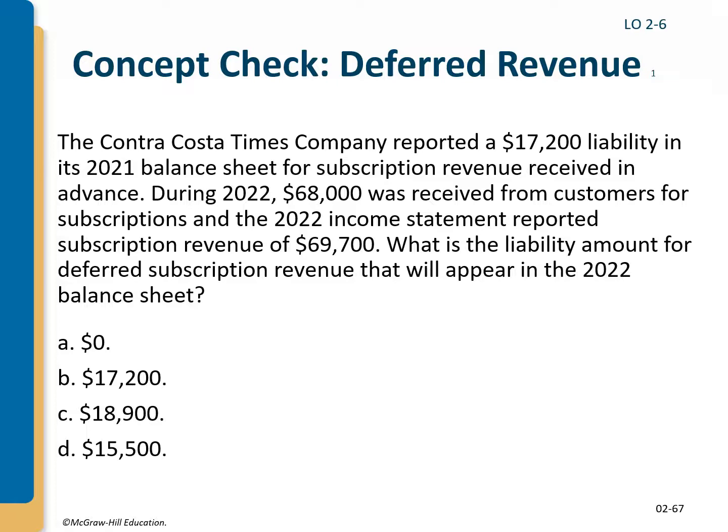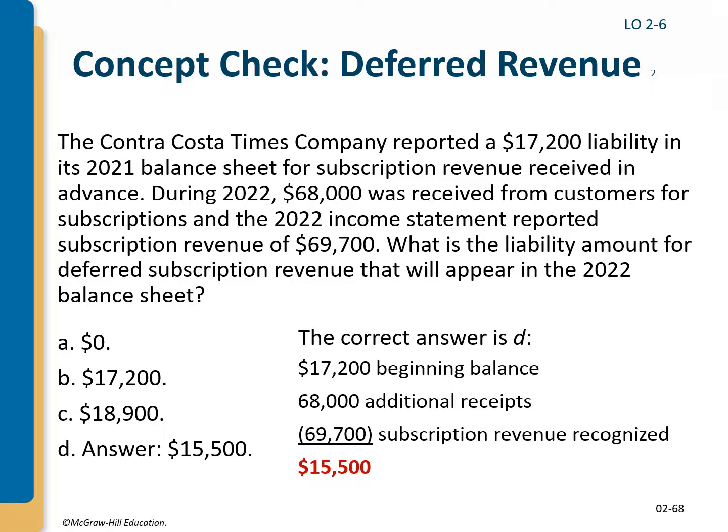We recognized $69,700 as revenue. So that means the deferred revenue liability account would have been debited for $69,700. So you would have $17,200 plus $68,000 minus $69,700, and your answer is $15,500.